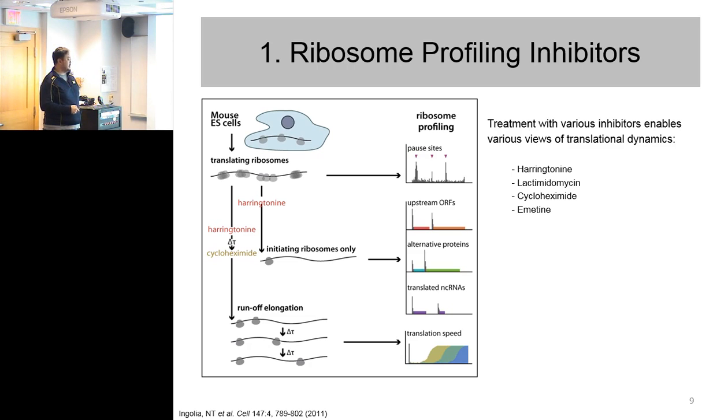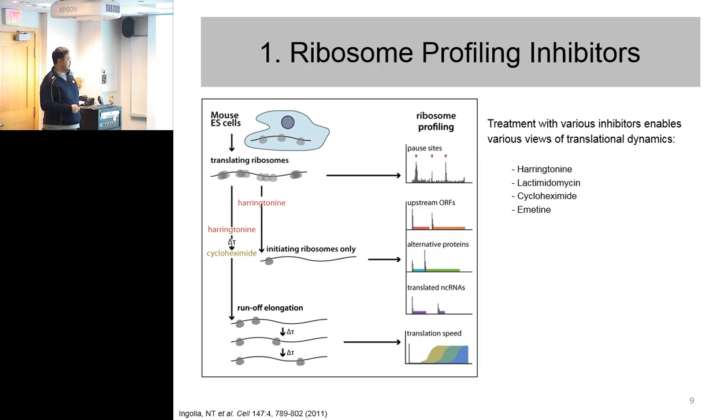The other two also, I believe, act similar to each other. They provide kind of a more uniformly distributed view of translation. Cycloheximide specifically, I believe, changes the conformation of the E site in the ribosome such that it interferes with the tRNA transfer or something to basically prevent any further elongation.